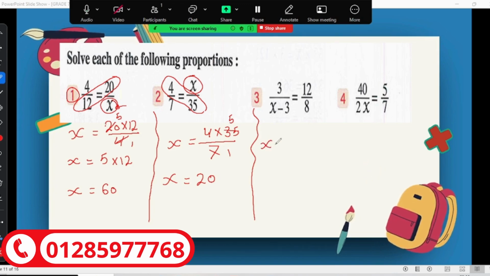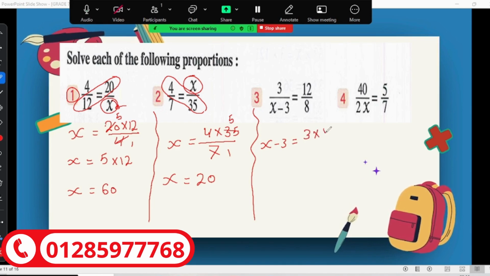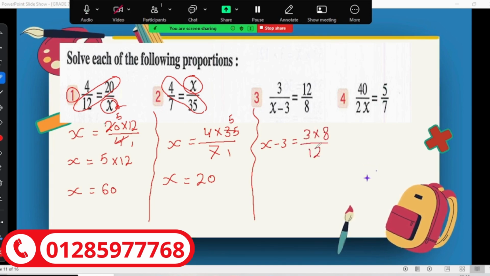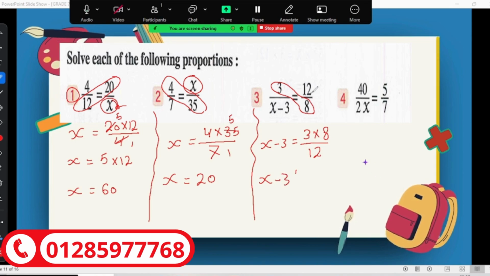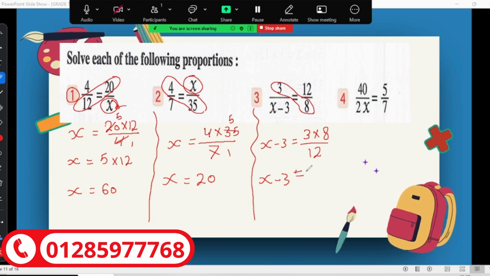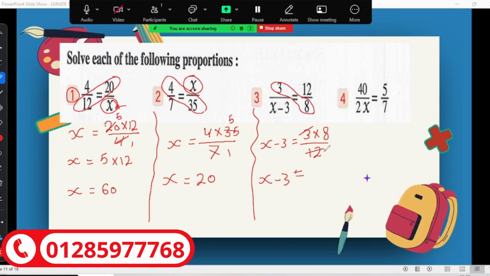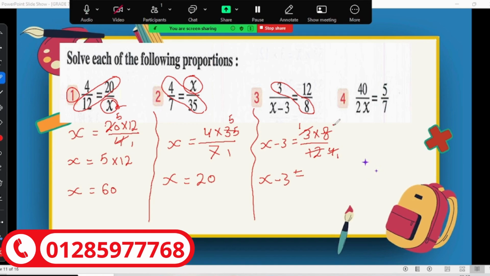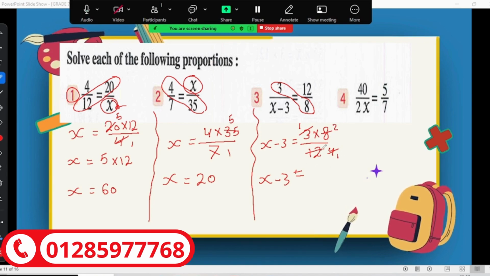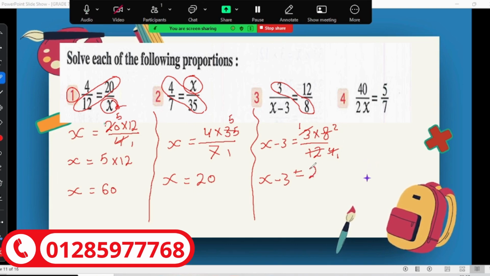And here x minus 3 equals 3 times 8 divided by 12. Then by cross multiplication, 3 times 8 divided by 12, then dividing by 3 and 12 down and up equals 4, and 8 divided by 4 equals 2.